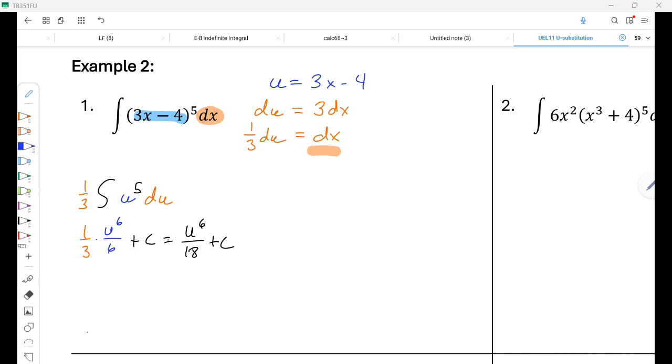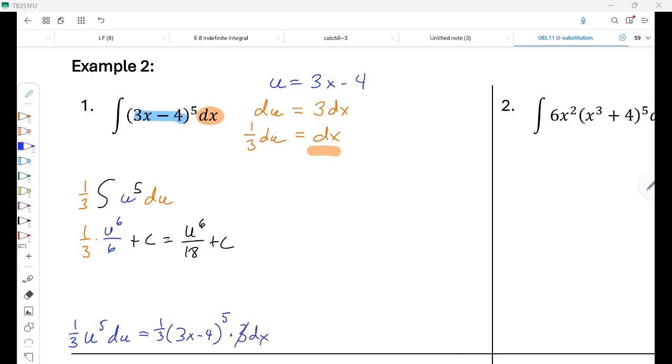We integrated u to the 5th du, and that u to the 5th du, according to my work up at the top, is 3x minus 4 to the 5th. Oh, sorry, we did, my bad. I forgot the 1/3. We changed it to 1/3 u to the 5th du. So that is 1/3 times 3x minus 4 to the 5th times du equals 3 dx.